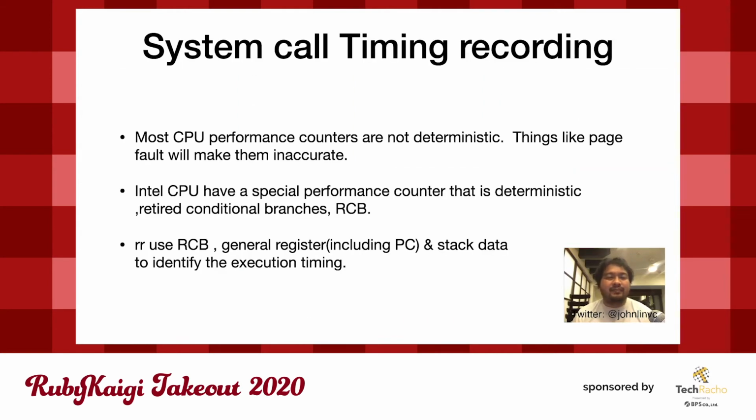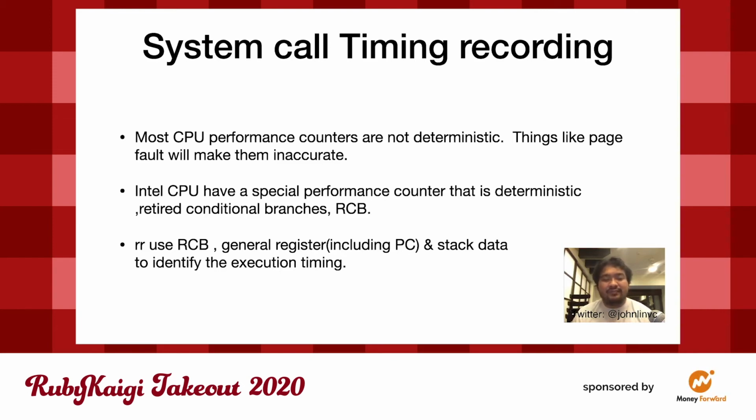But how about timing? The system call timing is very important because we need the timing of the system calls' return times to reconstruct the whole running procedure of a program. But most CPU performance counters are not deterministic.